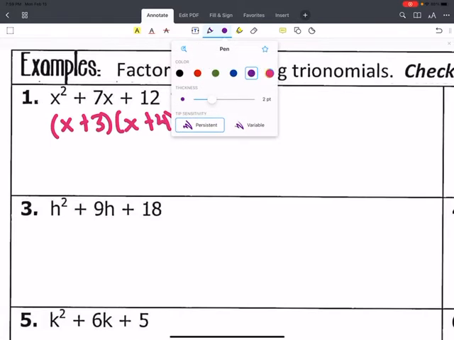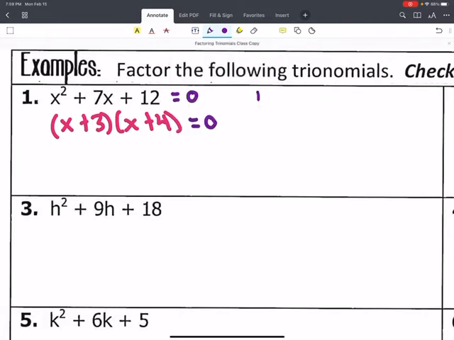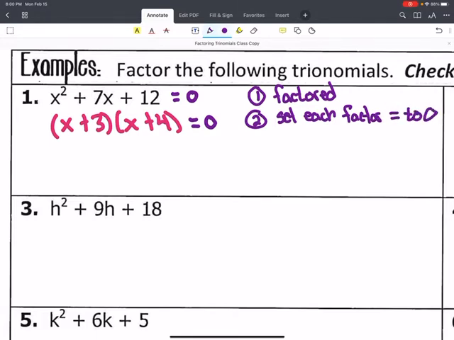So let me make you a little list here of what I've done. First we factored. Then I set each factor equal to 0.